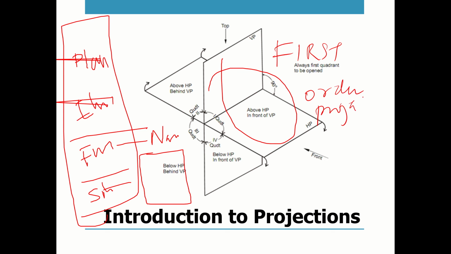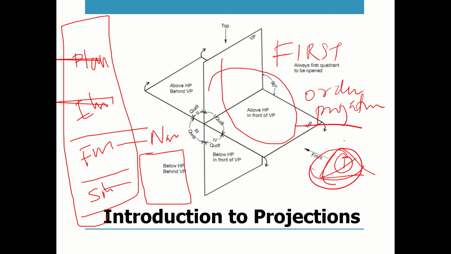What is first order projection? Like I explained, if you see the three-dimensional object and we slice it, this is the first quarter of the slices.